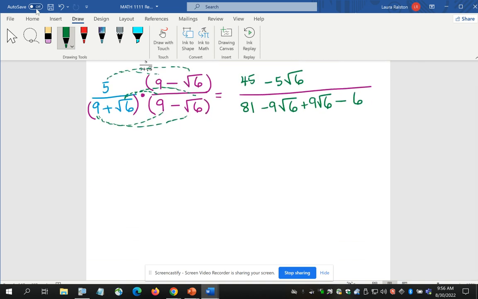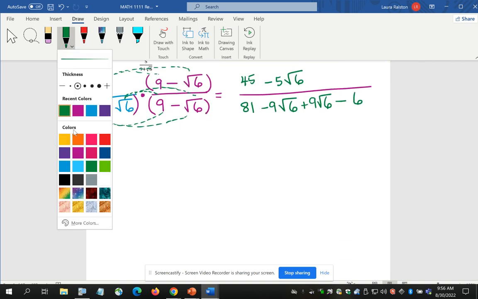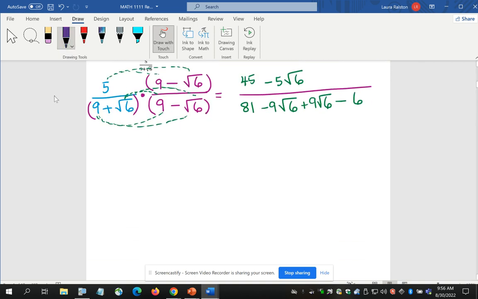Then we go back and we combine what terms we're able to combine. So I have 45 minus 5 square root 6 minus 9 square root 6 plus 9 square root 6, that's 0. 81 minus 6 is 75. And again, I'm going to break it apart.